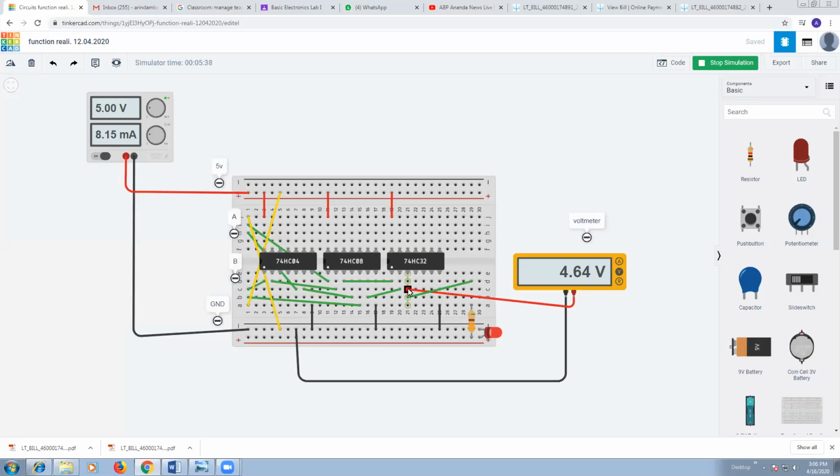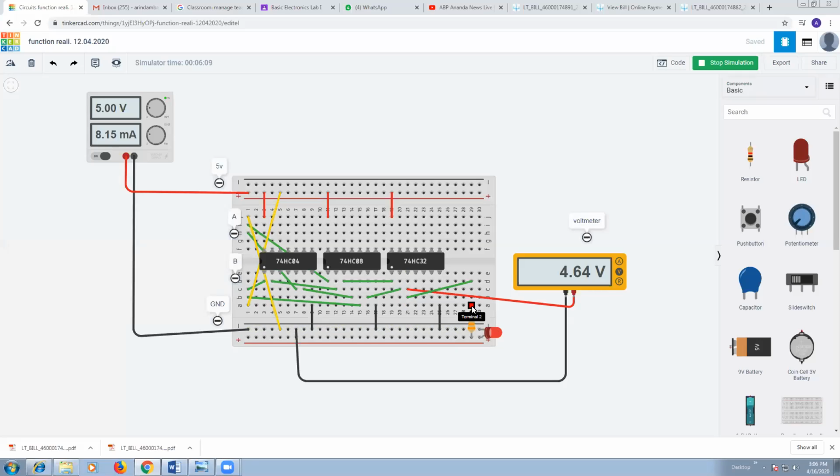So the output of 7432 is connected with the positive terminal of this voltmeter, so the voltmeter will measure the output of this OR gate IC. And we already connected an LED here, and through the anode terminal of the LED, I have connected a 330 ohm resistor for protection purposes.